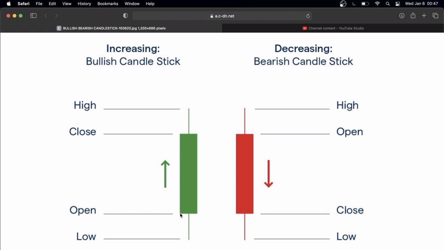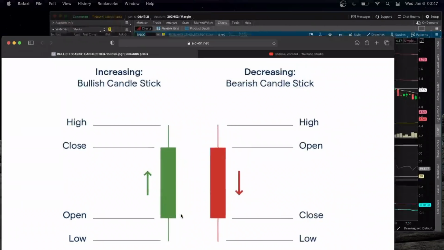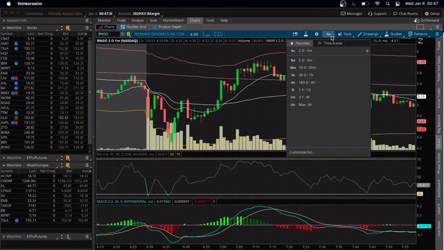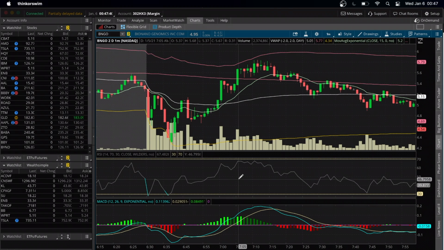If it's green, at the very bottom will be where it opened. What does that mean? At that minute, for example, in the top right, in the time frame setup, I have 2 days, 1 minute. What that means is each one of these candles represents 1 minute of time. 1 minute, another minute, another minute.